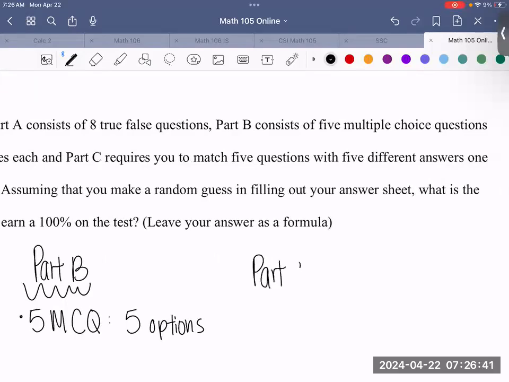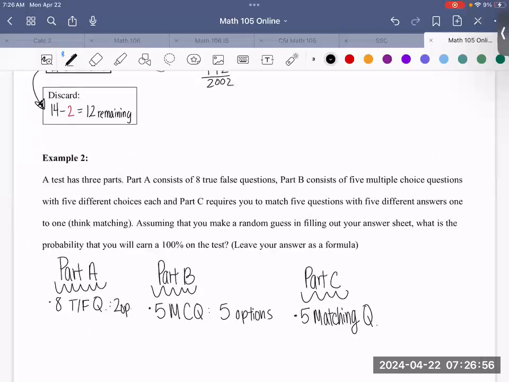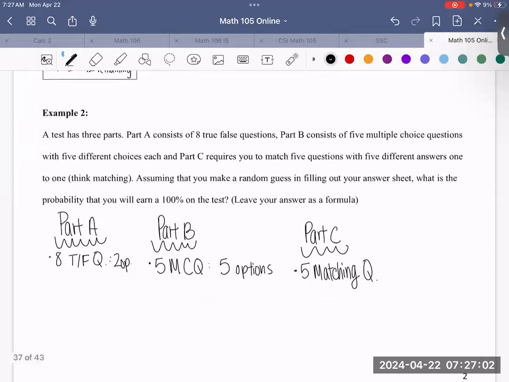Part C, we have 5 matching questions, each one-on-one. So assuming you make a random guess filling out your answer sheet, what is the probability you will earn a 100% on the test?